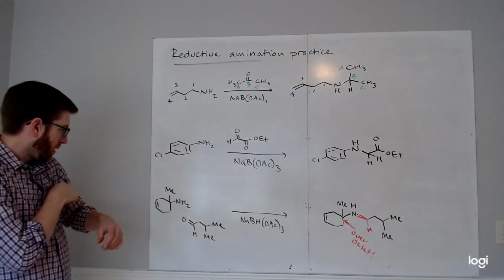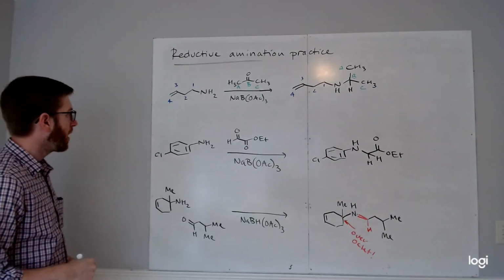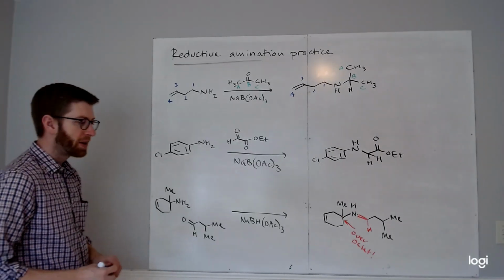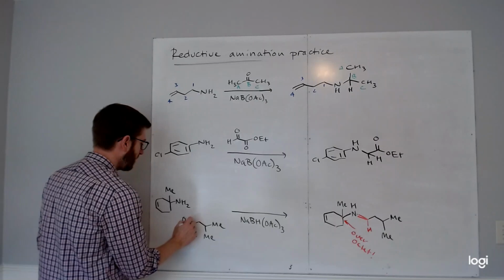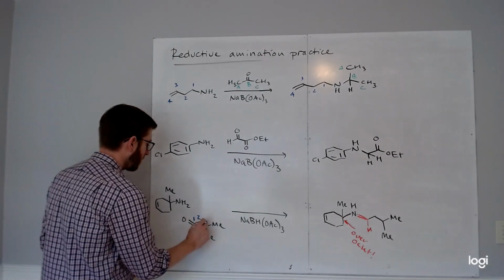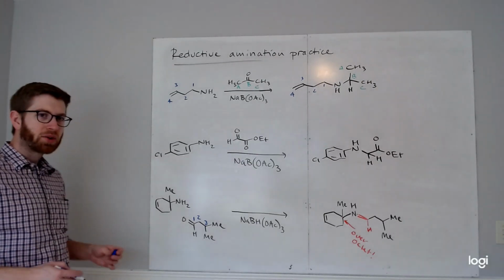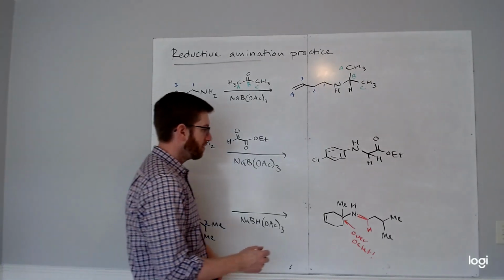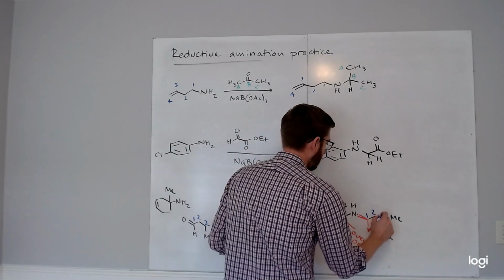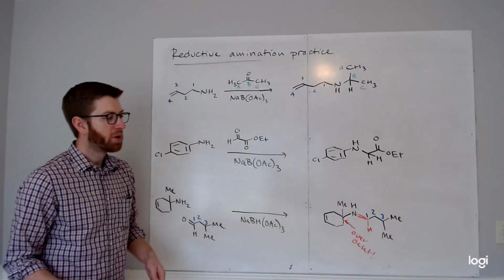And I can check my work by using numbering and lettering. So I'm going to use numbers for the carbonyl this time. So carbonyl carbon, 1, 2, 3. And then I've got methyls branching off of 3. That's far enough for me to go to make sure that I've done everything correctly. So it would be 1, 2, 3. Cool.